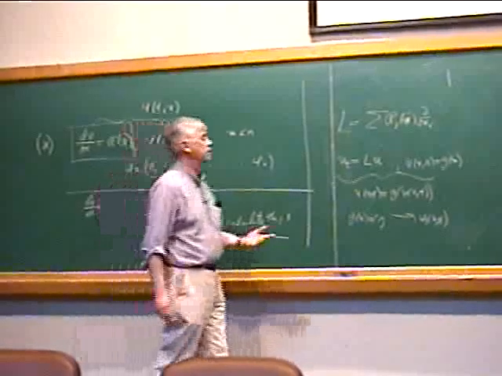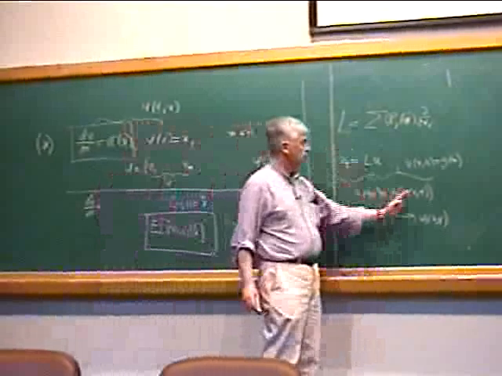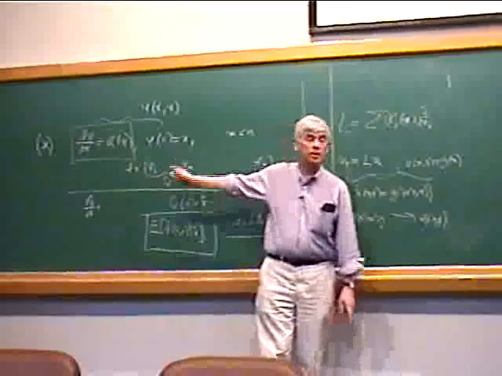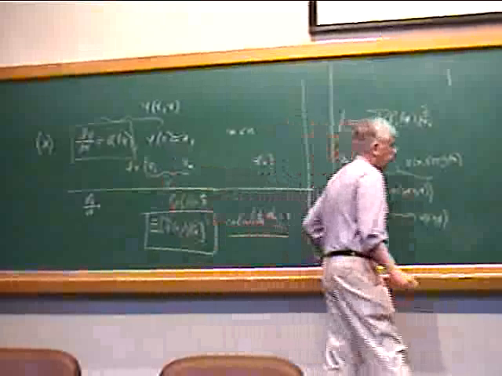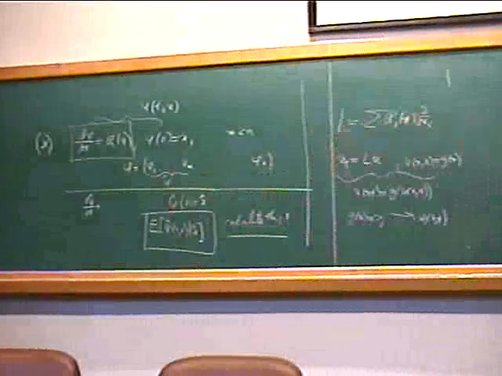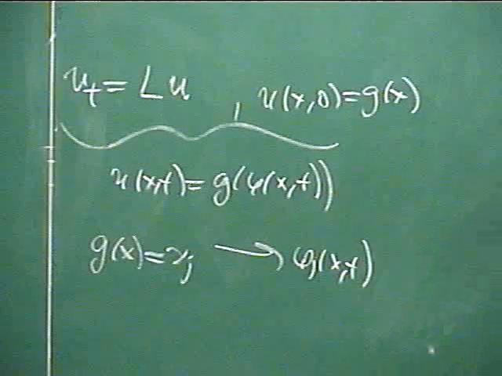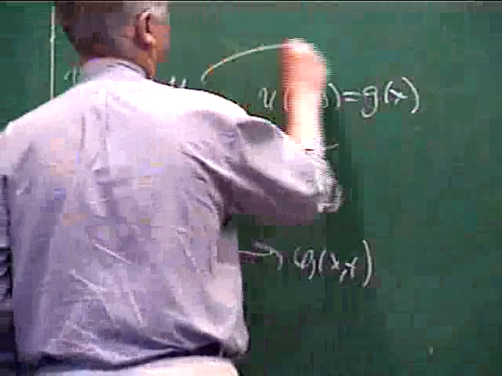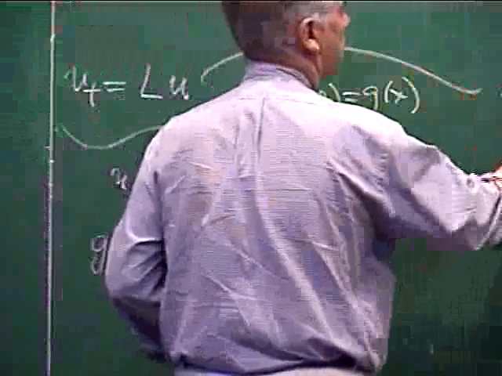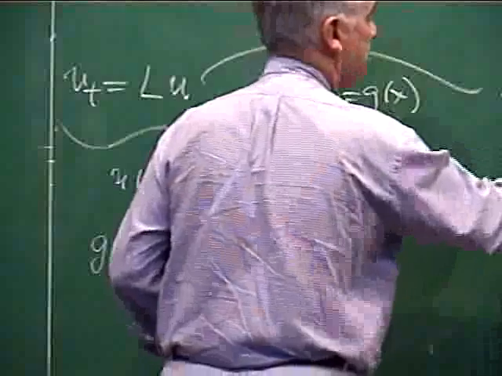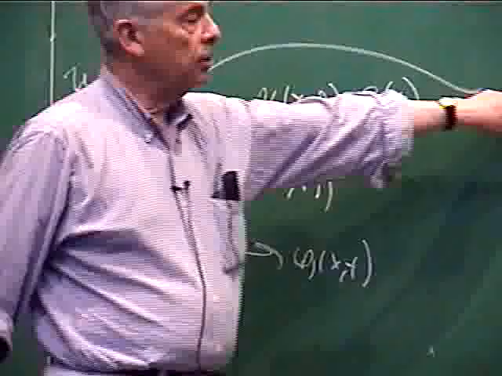So if I can solve this equation for any initial data, in particular I can solve the original equation, and this equation is linear. Once I've done that, I can write in symbolic notation u at time t equals e to the power tL acting on g. L is the generator of a semigroup.